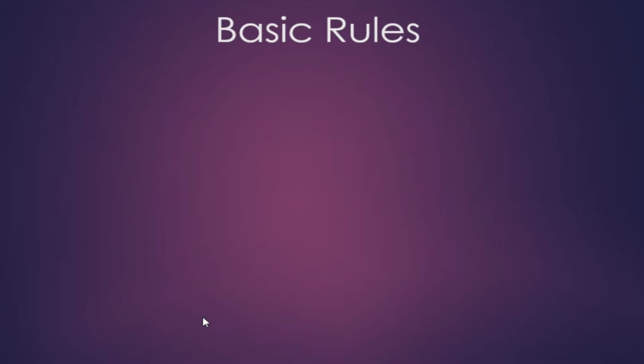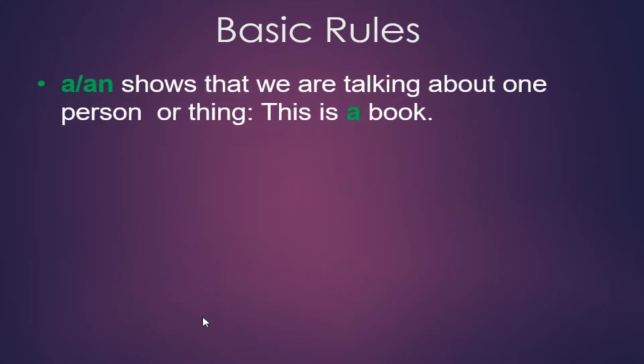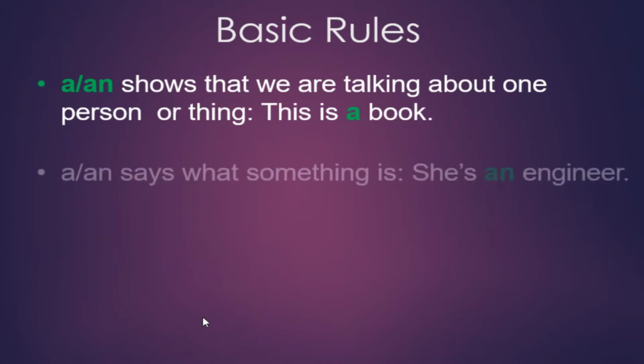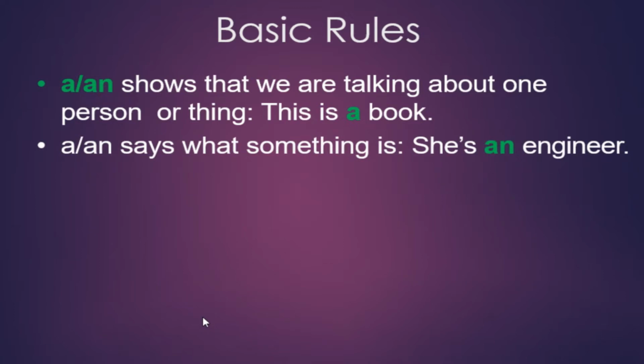Now, let's talk about some basic rules. The first one, A or AN shows that we are talking about one person or thing. That means before one person or thing we can use A or AN, like this is a book. The second one, A or AN says what something is, like she's an engineer, she's a doctor.